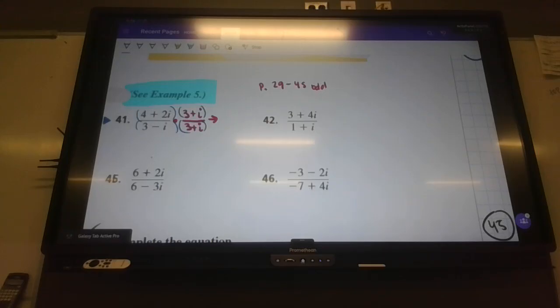Okay, just write it how you want it. Top. Plus 2. 11.